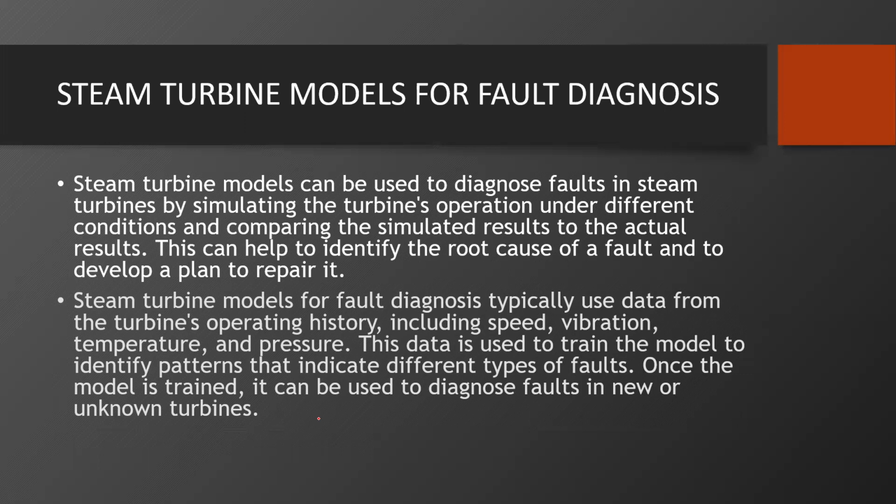The steam turbine models for fault diagnosis typically use data from the turbine's operating history, including speed, vibration, temperature, and pressure. This data is used to train the model to identify patterns that indicate different types of faults. Once the model is trained, it can be used to diagnose faults in new and unknown turbines.